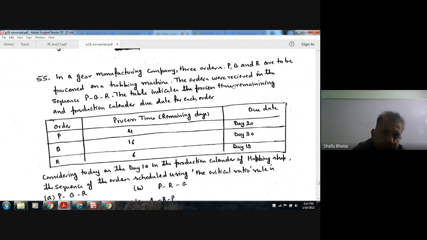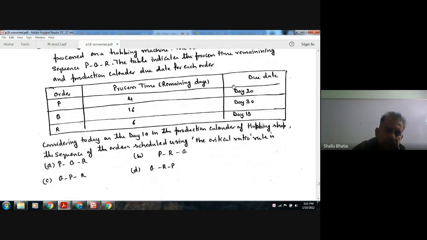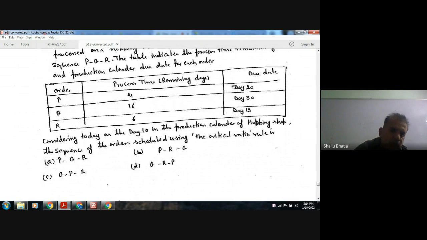Orders P, Q, R have process times 4, 16 and 6, and due dates day 20, day 30, day 90. Considering today as day 10 in the production calendar, the sequence of the orders scheduled using the critical ratio rule is option A PQR, option B PRQ, option C QPR, and option D QRP.